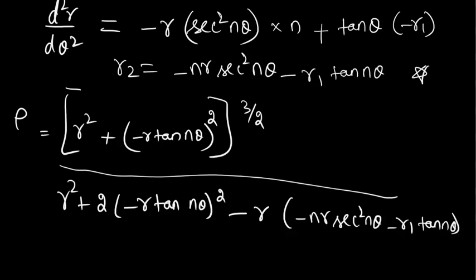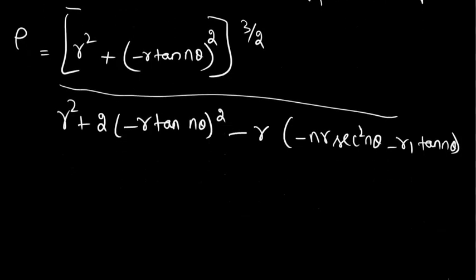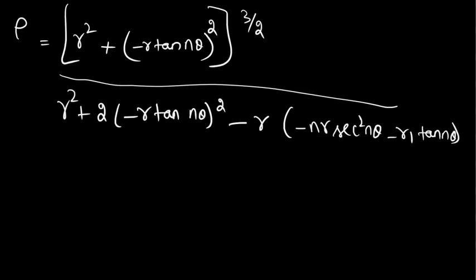We are done with substitution. We have to just simplify the terms. In the numerator, if you see, rho is equal to, if I take r² common, 1 plus this term, minus will go because of the square, tan² nθ.